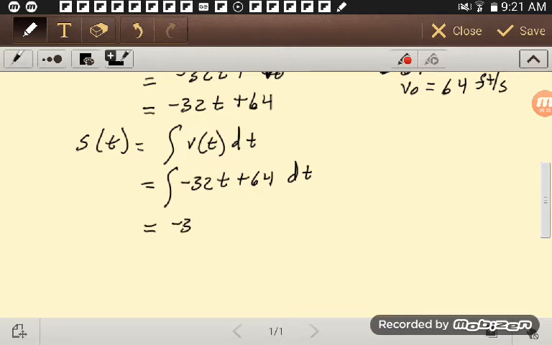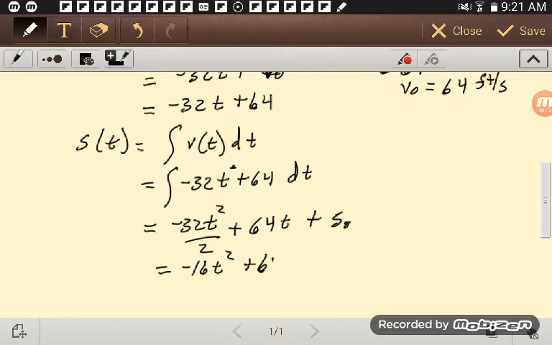I have minus 32t squared divided by 2, since I added 1 up here, and that made a 2, divided by that 2, and then plus 64t, and then plus my arbitrary constant, which I'm going to call S0, my initial position. And so this is equal to minus 16t squared plus 64t plus S0.